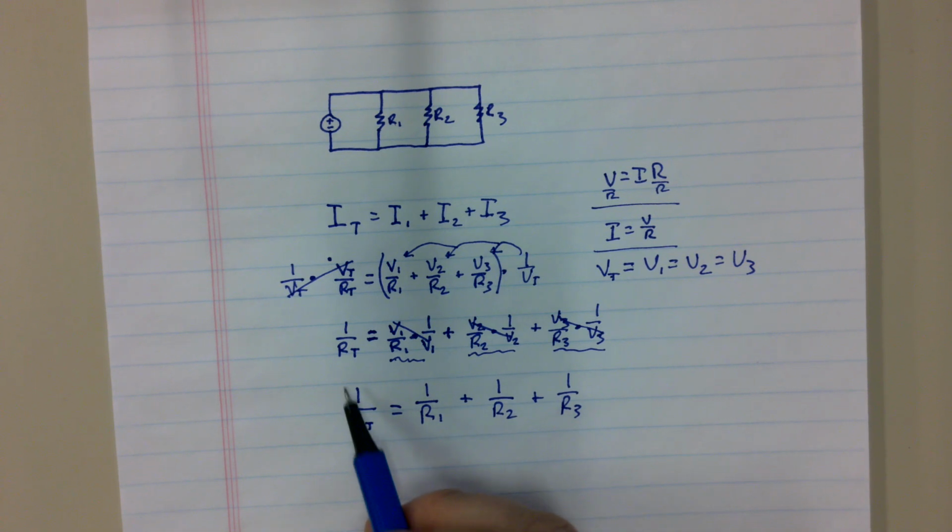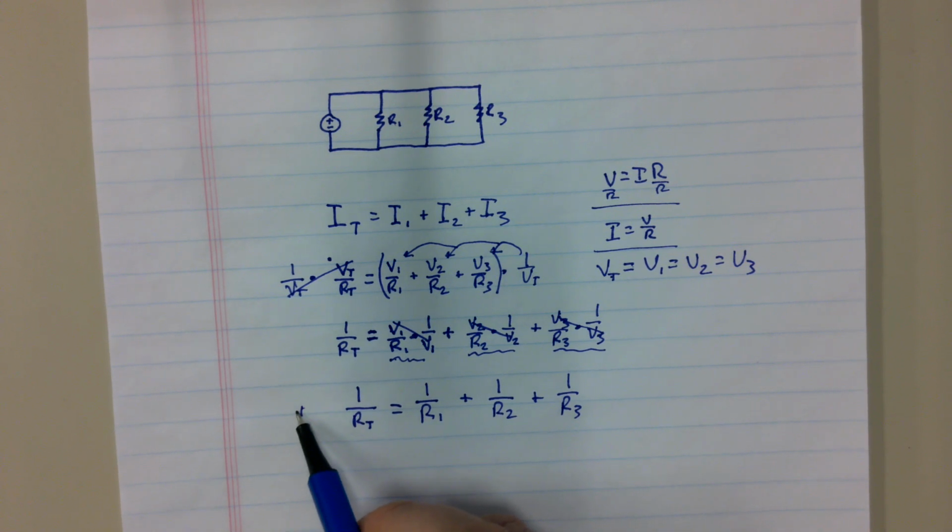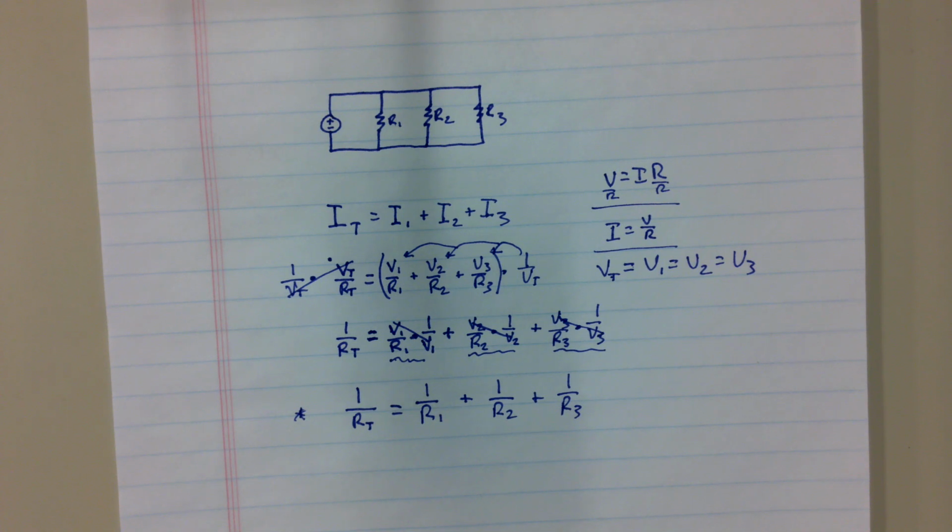And you will see this equation quite a lot. If you looked up equivalent resistance in parallel circuits, you'll probably find this one. But maybe that's not so good for us when we're actually trying to calculate equivalent resistance. That's because it's on the bottom of the denominator here.